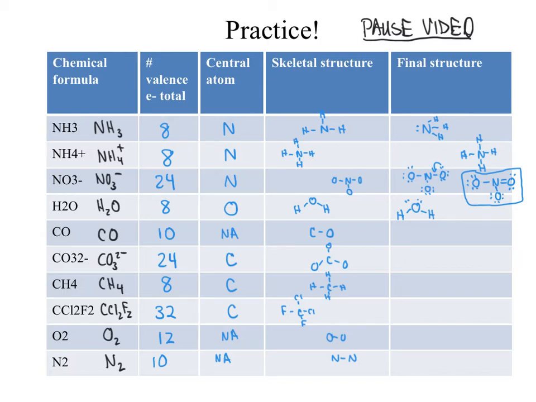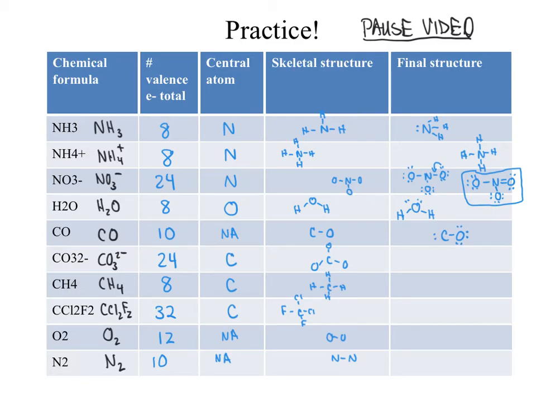All right, so for CO, we've got 2 electrons that we've already put in. We need 10 total, so we need to put 8 more on there. So let's start by putting them on the oxygen. 2, 4, 6, 8.